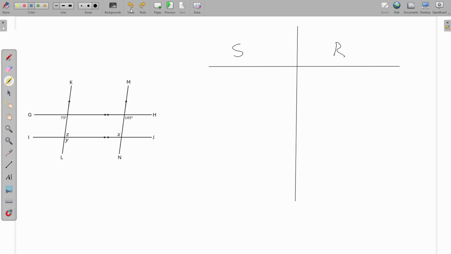So we can say that 105 and X are alternate angles. My statement, therefore, X will be equal to 105 degrees. My reason, alternate angles. And the parallel lines that made it happen are GH being parallel to IJ.